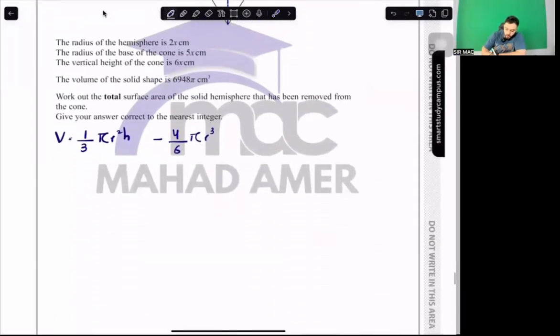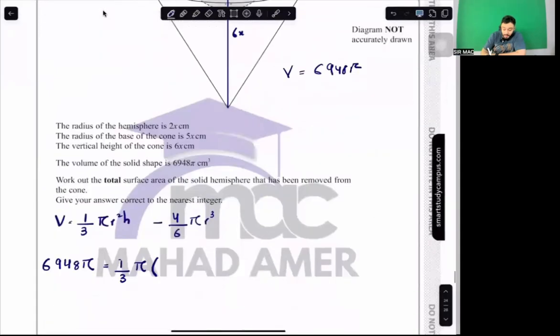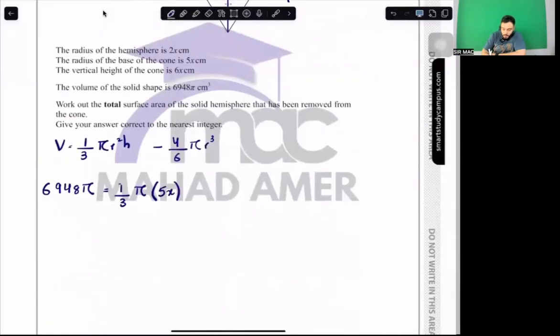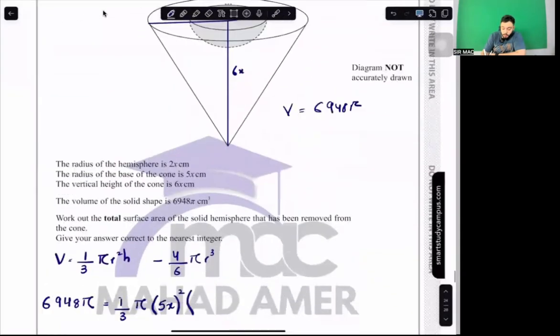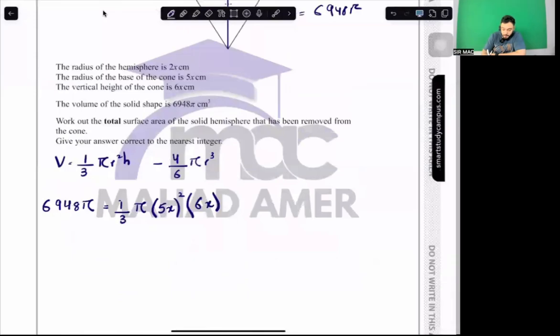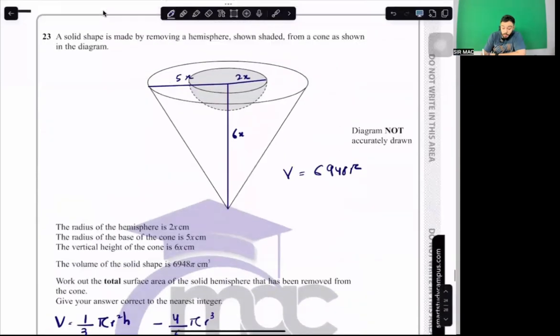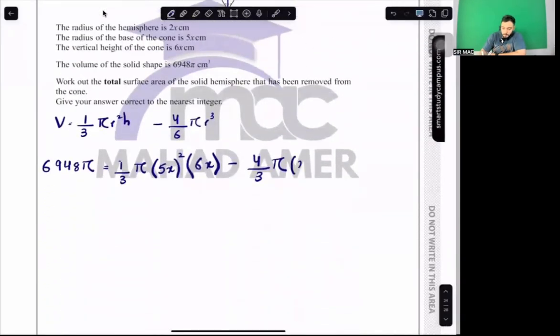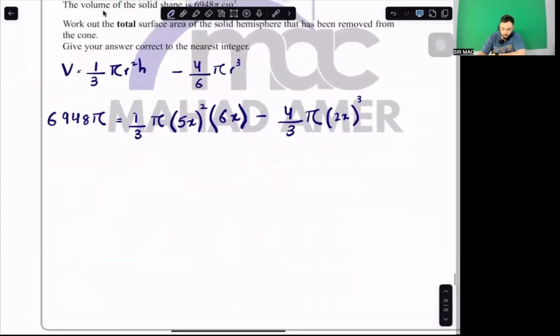So the volume of the solid, 6948 pi, is equal to one over three pi, the radius of the cone is 5x squared, and the height of the cone is 6x, minus four over three pi, the radius of the hemisphere is 2x, cubed. That's the start to it.